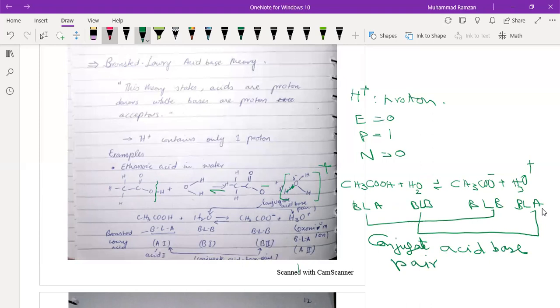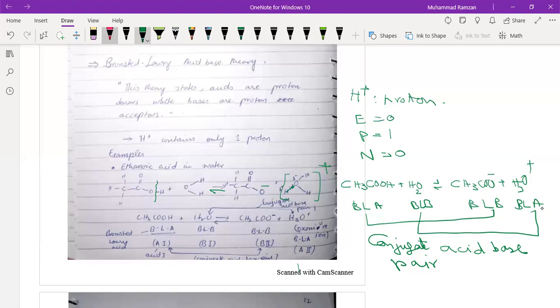Means CH3COOH is conjugate acid and CH3COO minus is base. So they are pair, conjugate acid base pair. H2O is base, H3O plus is acid. So this is conjugate acid base pair. Yes, sir, is it clear or not? Is it clear? I think so.